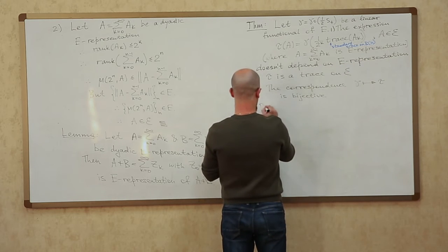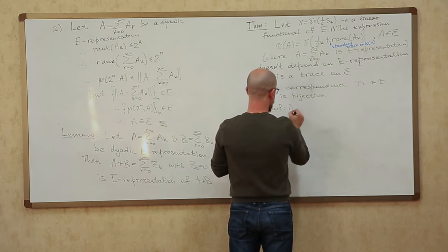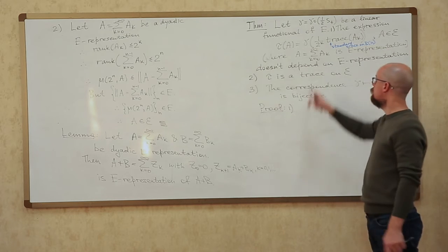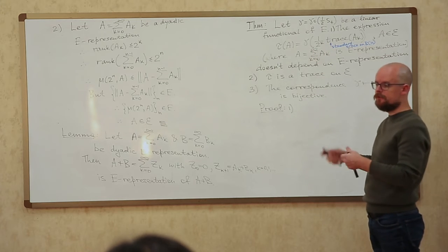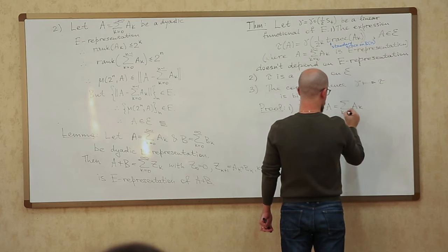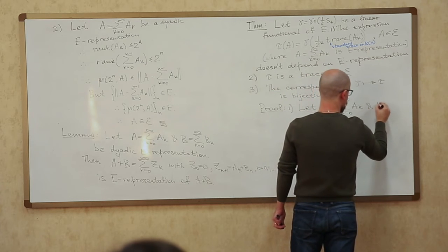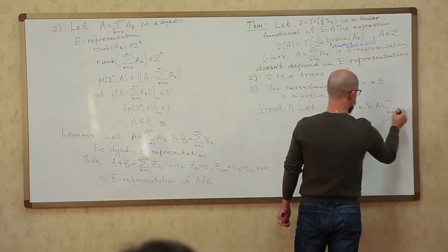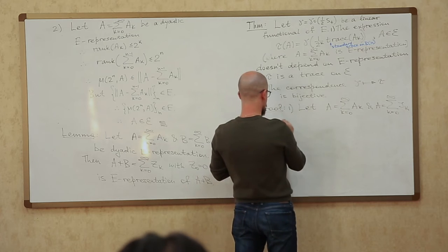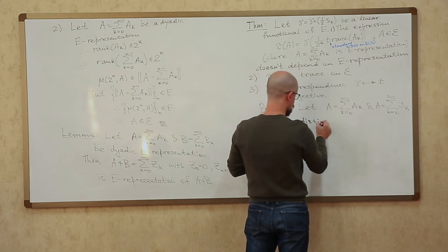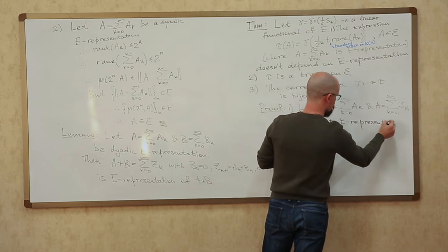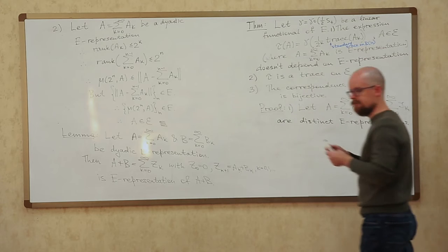Proof. Let's go with the first thing. Let's take two distinct dyadic representations and show that the value of tau coincides regardless of the representation. Take the sums from 0 to infinity of A_k and of J_k, distinct representations.